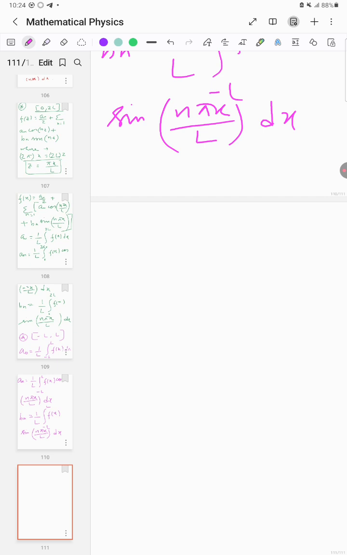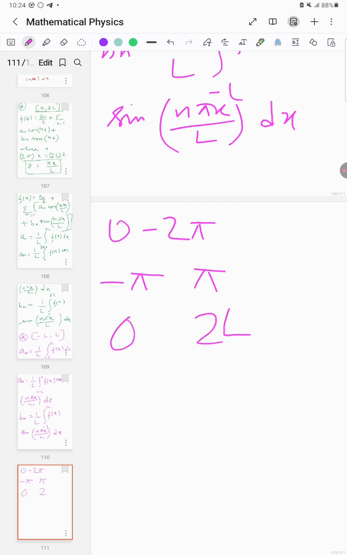Alright, so this is what we have discussed till now. Initially we had our interval from 0 to 2 pi, then we changed our interval from minus pi to plus pi, then from 0 to 2L, and at last from minus L to plus L. Alright, so these were our four intervals.